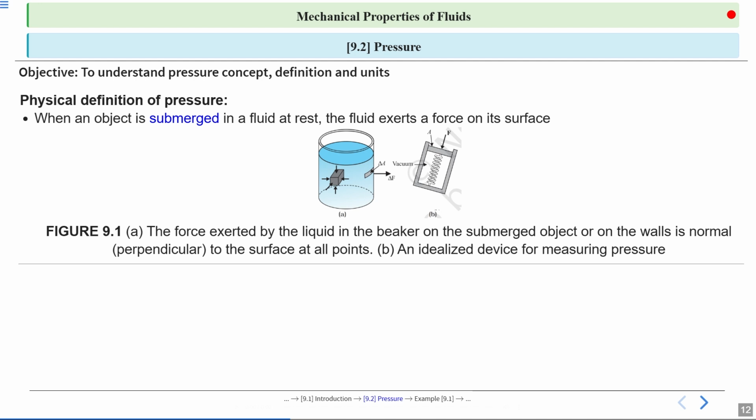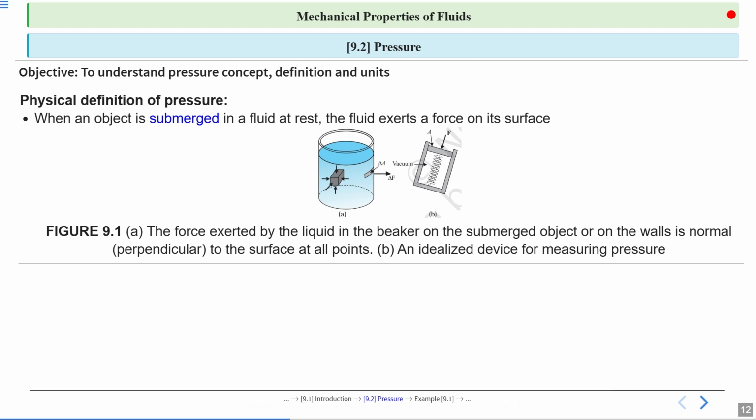So when an object is submerged, the force is always perpendicular to the surface at all points. This perpendicular force is what we refer to as pressure. Figure 9.1 also shows an idealized device for measuring pressure, which is shown in figure 9.1b.